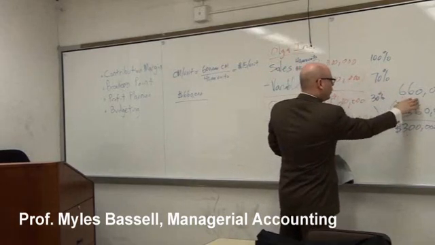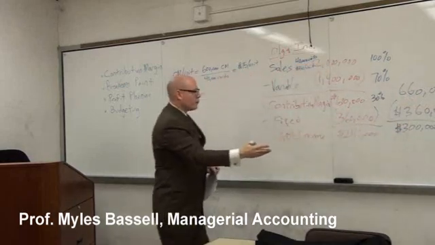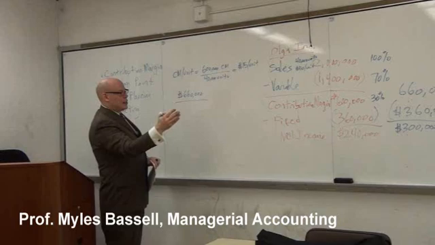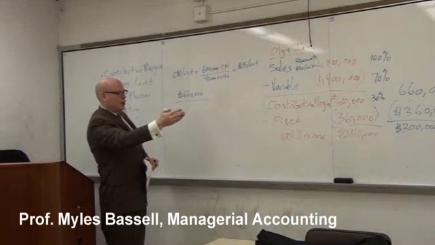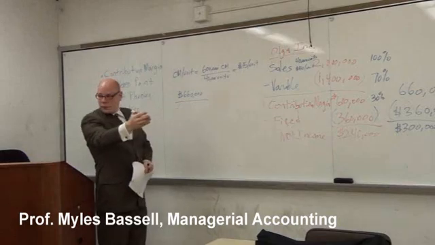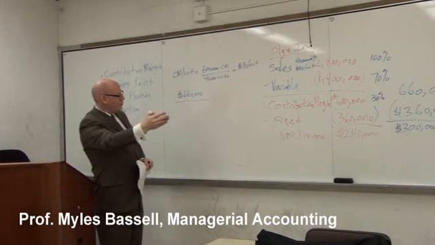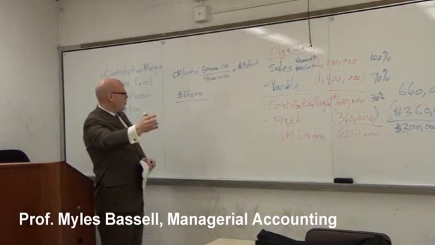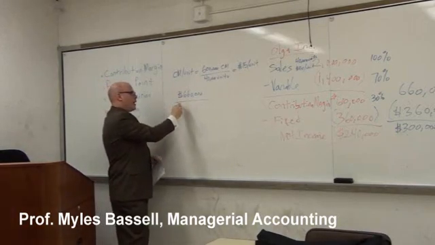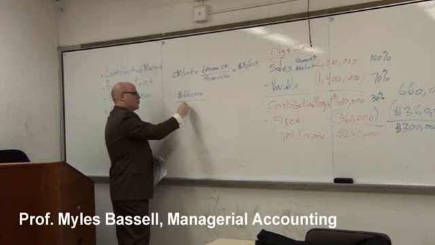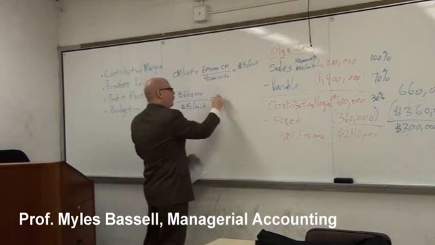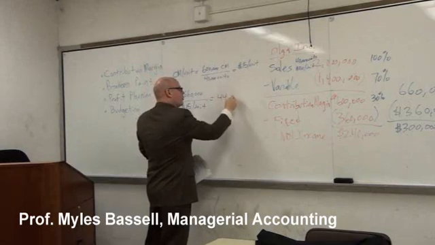If our variable expenses go up, what's going to happen to the contribution margin? All right, so tell us, Elena. 660,000 divided by $15, which gives us 44,000 units.